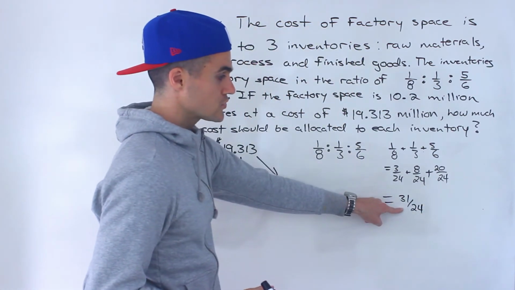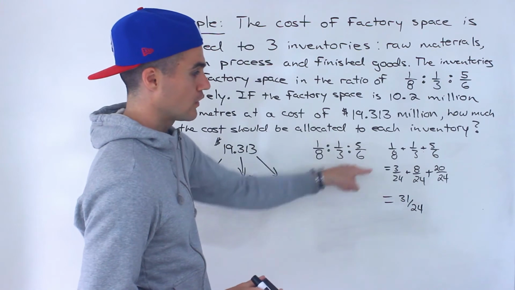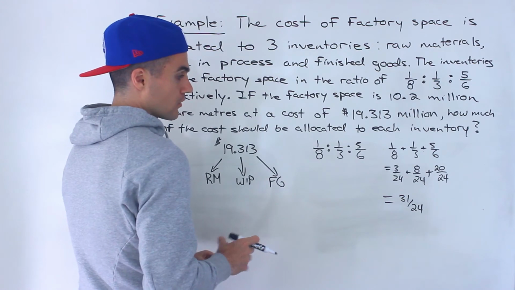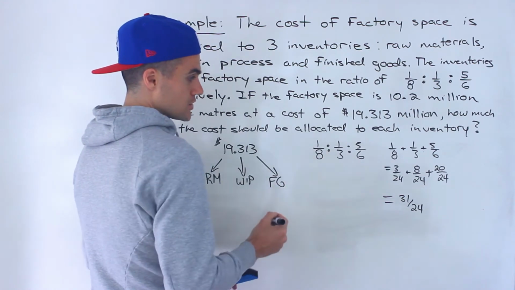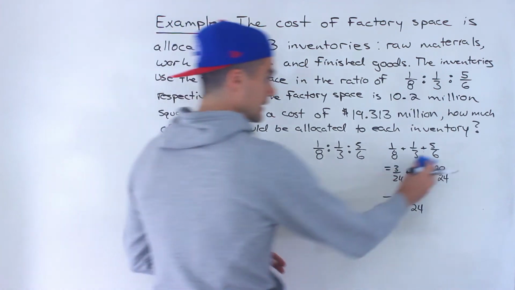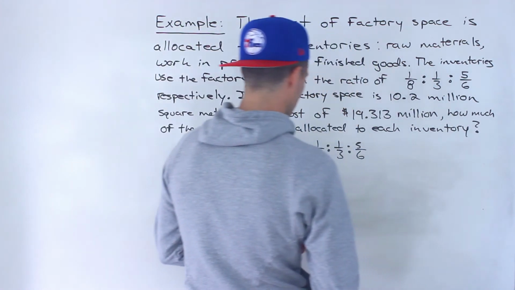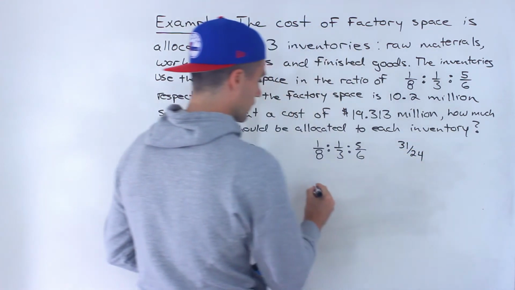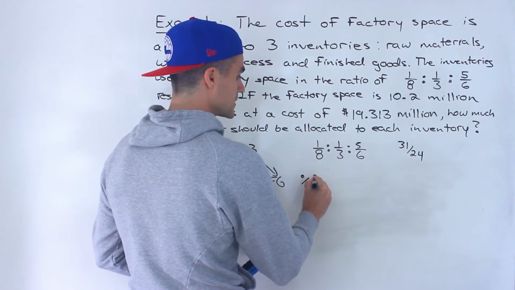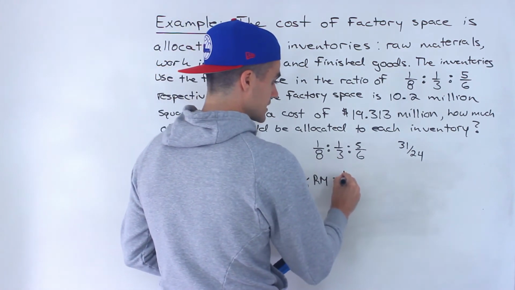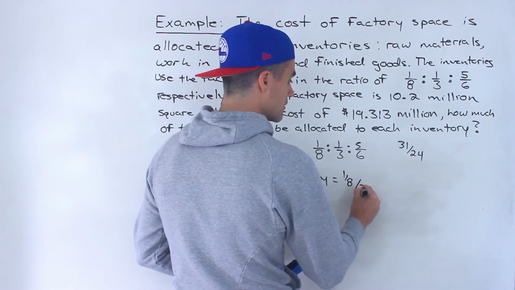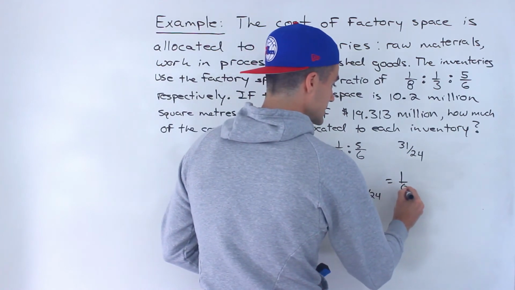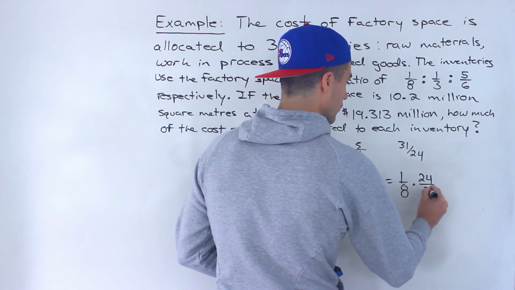This 31/24 is like the 10 that we got with the other ratio, when we had the whole numbers or integers in the ratio. Now if we want to find the percentage of factory space that raw materials are taking up, we take the 1 over 8 and divide it by 31 over 24, which is like 1 over 8 times 24 over 31.